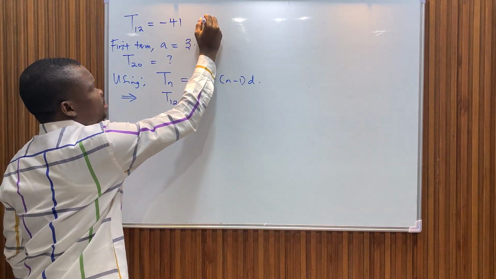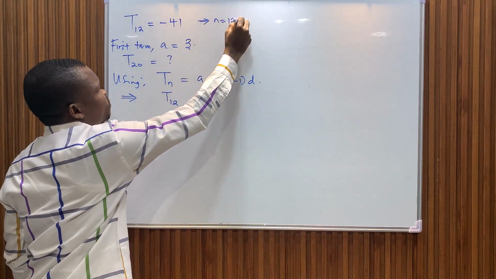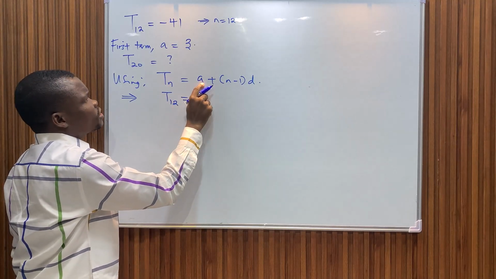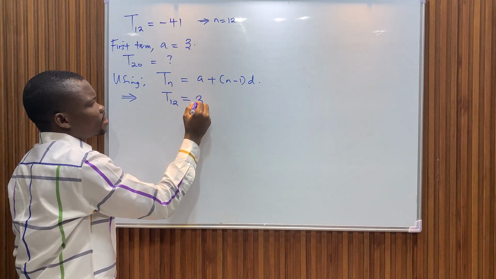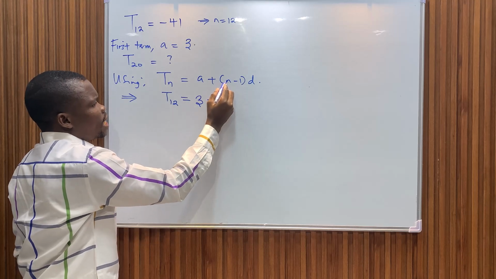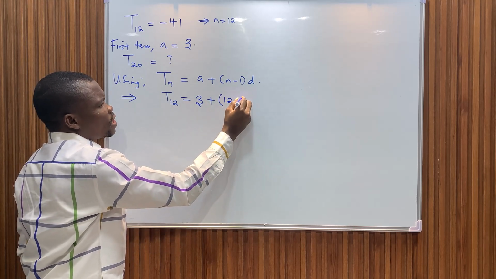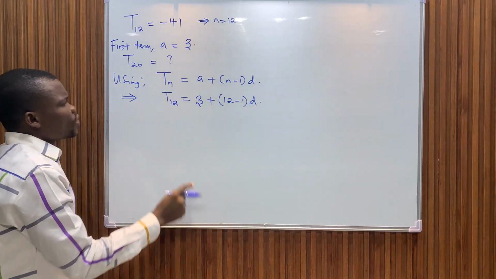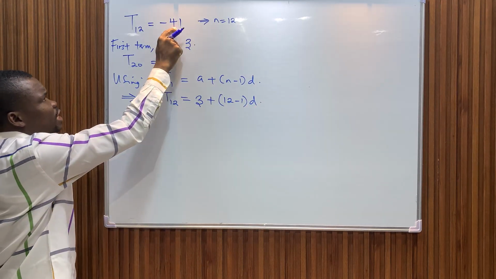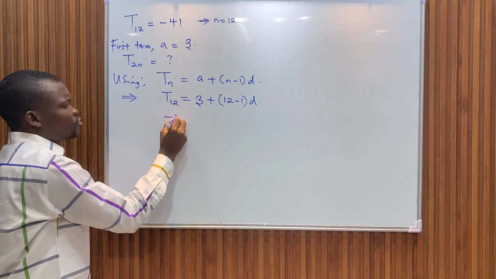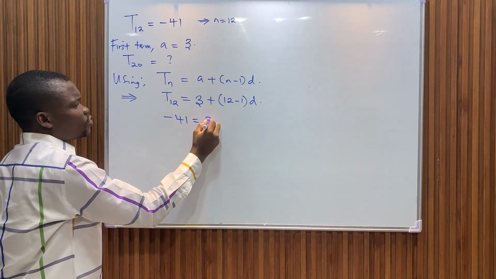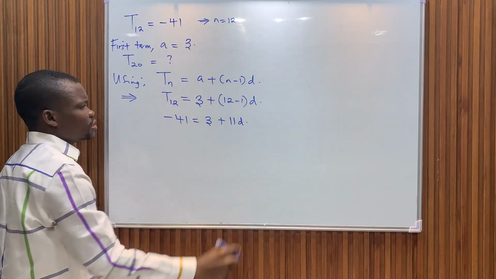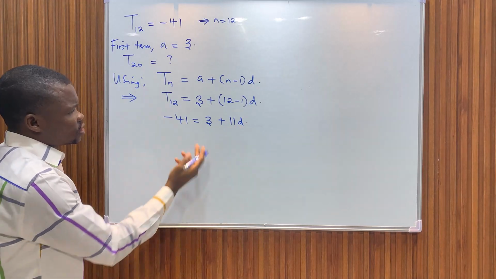So T12 equals A, which is 3, plus n, which is 12 minus 1, times d, the common difference, which is not given. We are told that the 12th term is minus 41, so minus 41 equals 3 plus 12 minus 1, which is 11d.